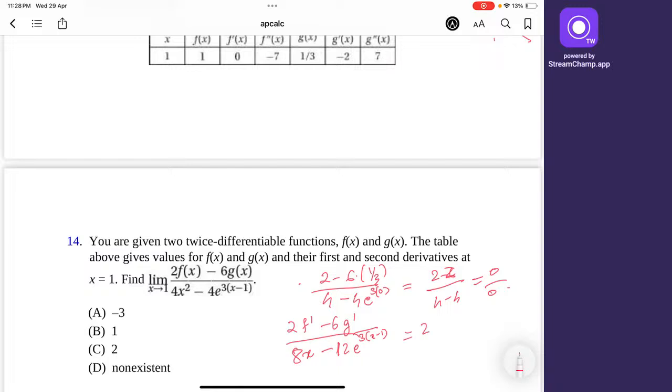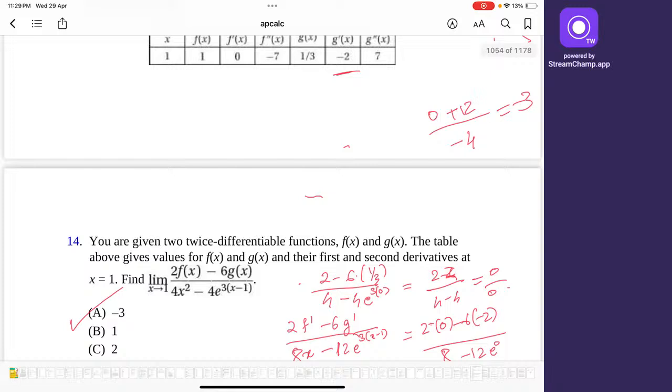So 2 f dash of 1, f dash of 1 is 0, minus 6 g dash of 1 is minus 2, divided by 8 times 1 minus 12 times e power 0, which is equal to 0 plus 12, minus 6 times minus 2 is plus 12, over 8 minus 12. 8 minus 12 is minus 4, which is minus 3. So the right answer is A. I hope that makes sense.